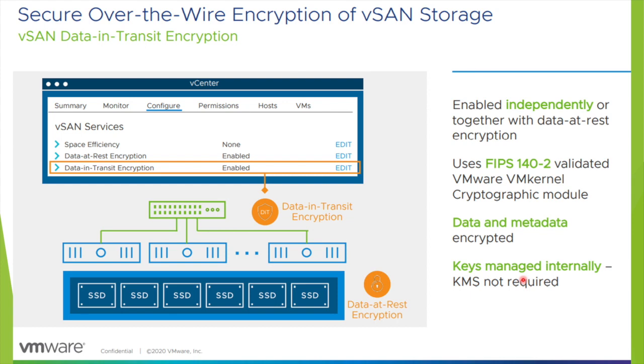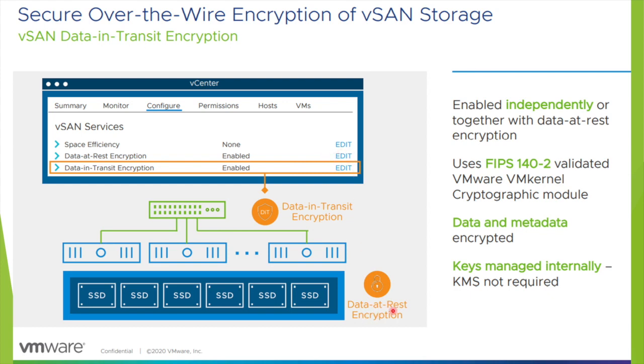Now what VMware has done is it has introduced data-in-transit encryption, which is highlighted here, and you can enable and disable it. That's your choice, and you can also do the data-at-rest encryption, which you can also enable or disable.